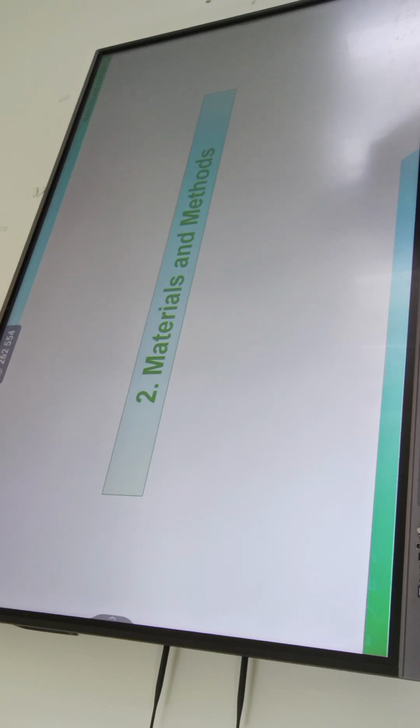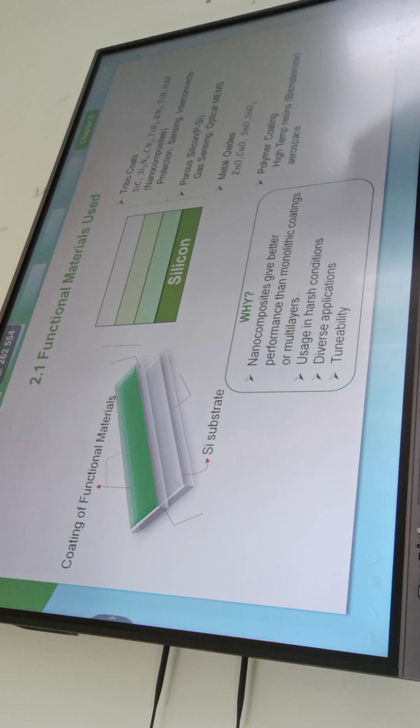The second chapter is materials and methods. As I have already discussed, I have taken silicon as the substrate material. For indication, I have shown the pedestal design on which we are doing the coating.